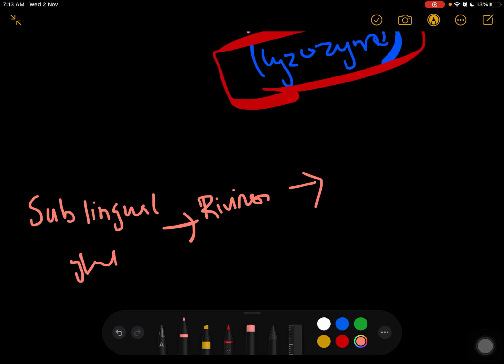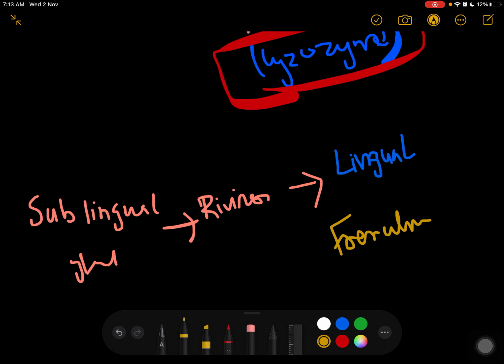It opens at the lingual frenulum. I have talked about this frenulum in my previous video, the video of the mouth, where I said it is a ligamentous structure over there. This is known as the lingual frenulum.